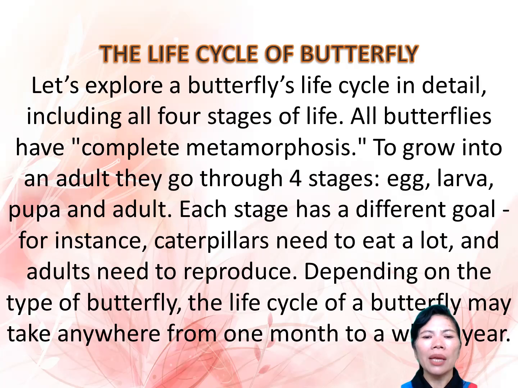Each stage has a different goal. For instance, caterpillars need to eat a lot, and adults need to reproduce. Depending on the type of butterfly, the life cycle may take anywhere from a month to a whole year.